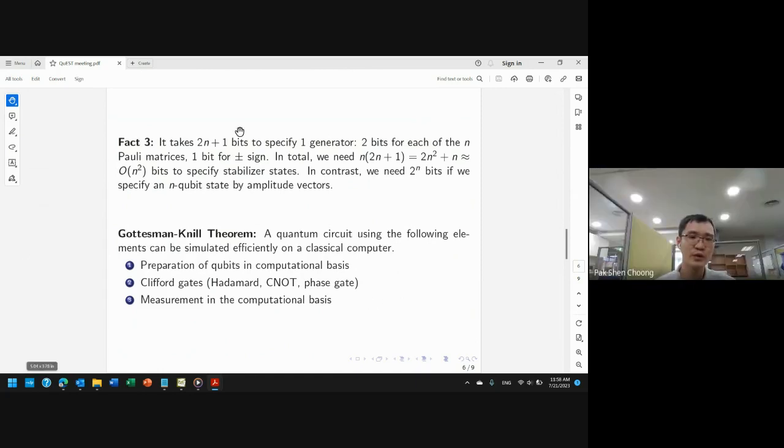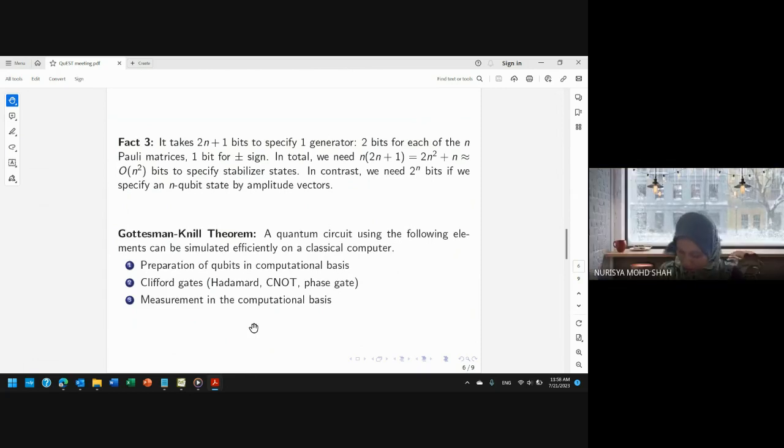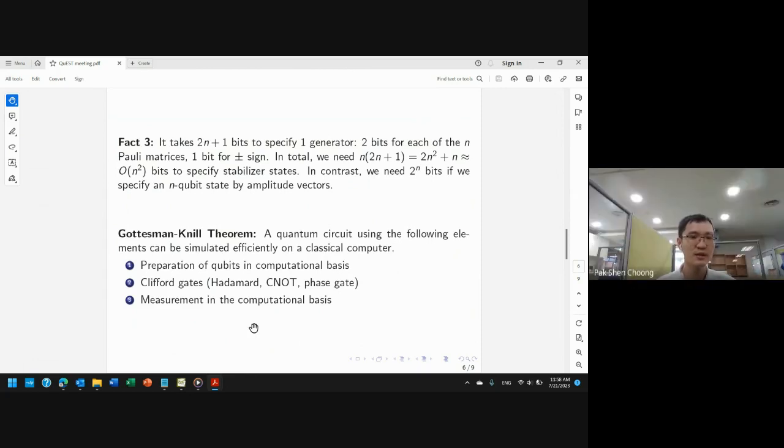And this is not unique, actually. Most of the quantum error codes are stabilizer codes because it's easy for you to calculate and to look at things. So that's why stabilizer formalism is important in QEC.